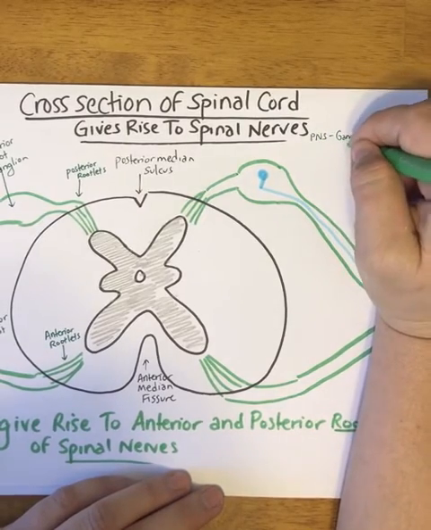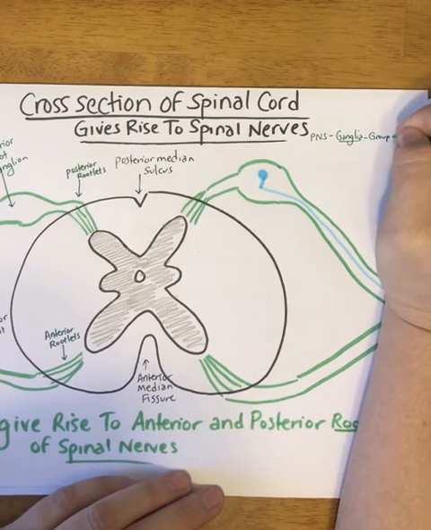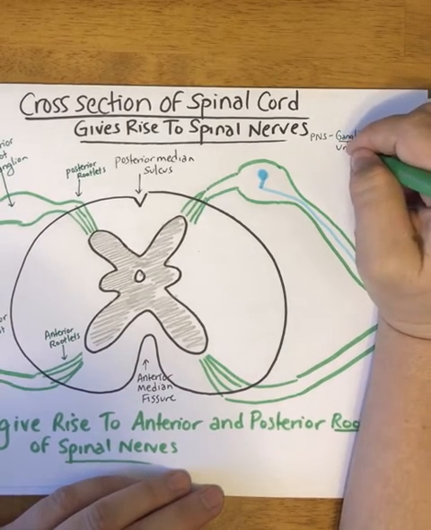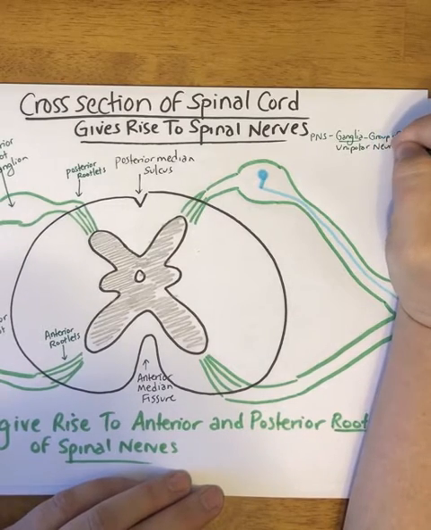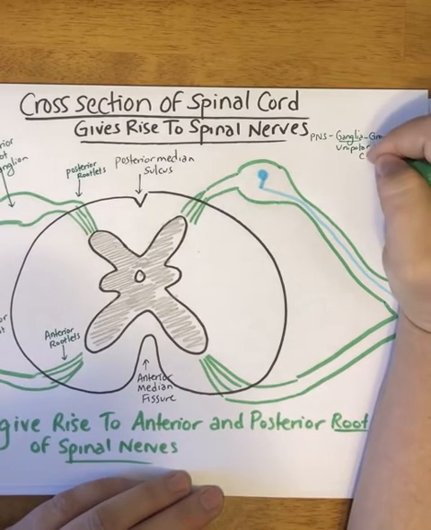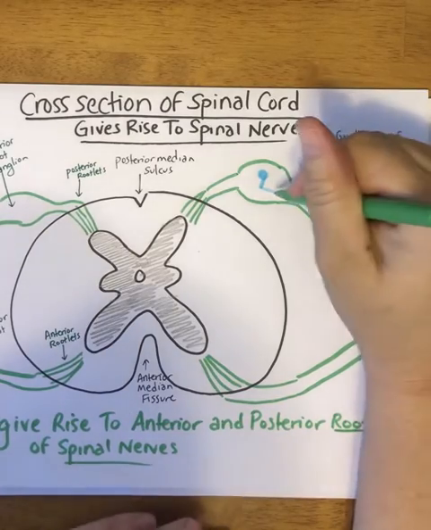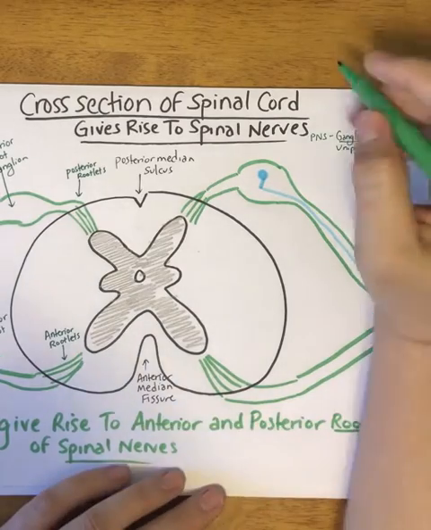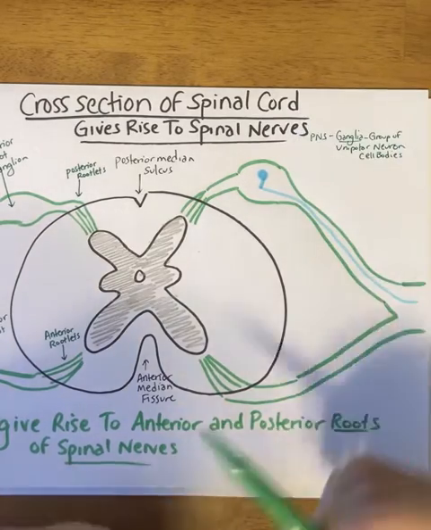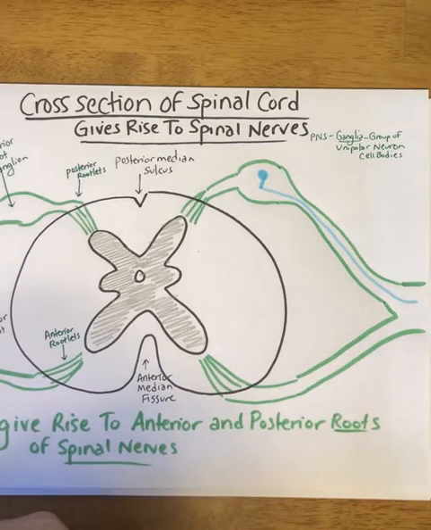A ganglia is a group of unipolar, which are sensory, neuron cell bodies. So sensory, this is a unipolar neuron. We also say a ganglia is a swelling, but sensory neurons have to have a way to travel to the brain and spinal cord.